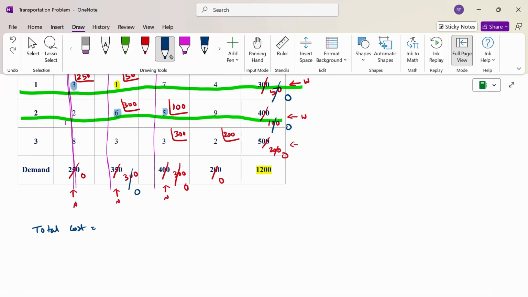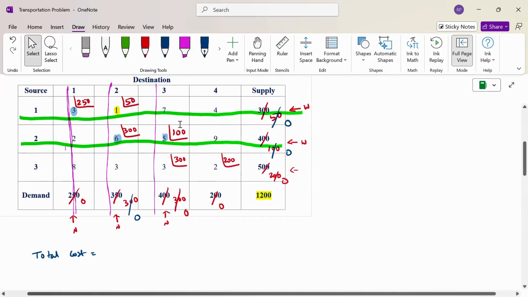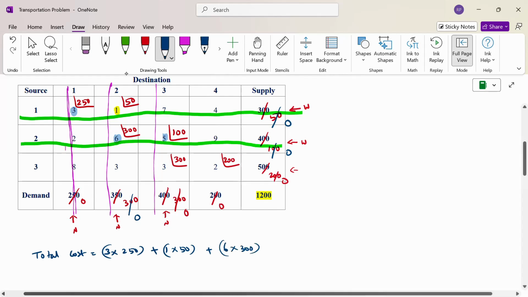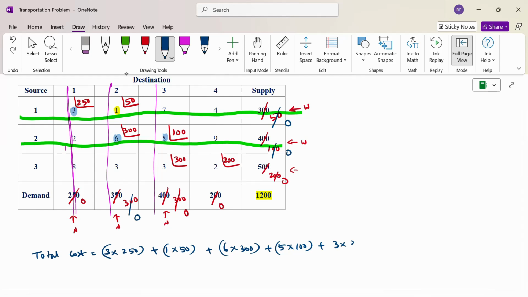Now see the allocation cells, how to calculate: 3 into 250 plus 1 into 50 plus 6 into 300, because allocation cell value multiplied by allocated value, then 5 into 100 plus 3 into 300 plus 2 into 200.